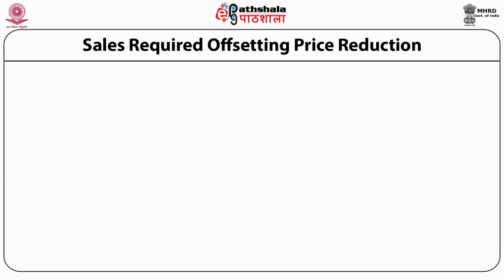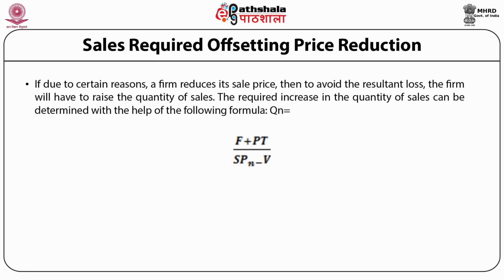Break-even analysis also helps companies to decide to increase the level of sales in case the company has to reduce its price. If due to certain reasons the firm reduces its selling price, then to avoid the loss, the firm will have to raise the quantity of sales. So in order to find the required quantity of sales, we can use the break-even point formula to find the required number of units to be sold so that the company can maintain the same level of profit.